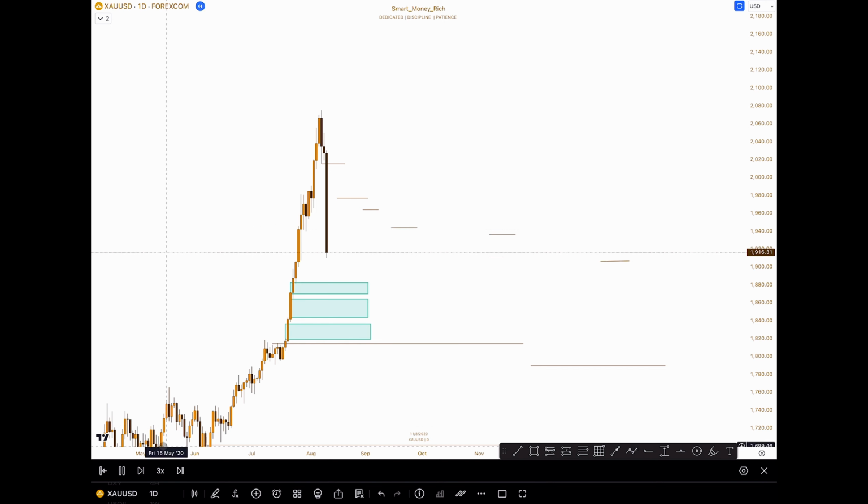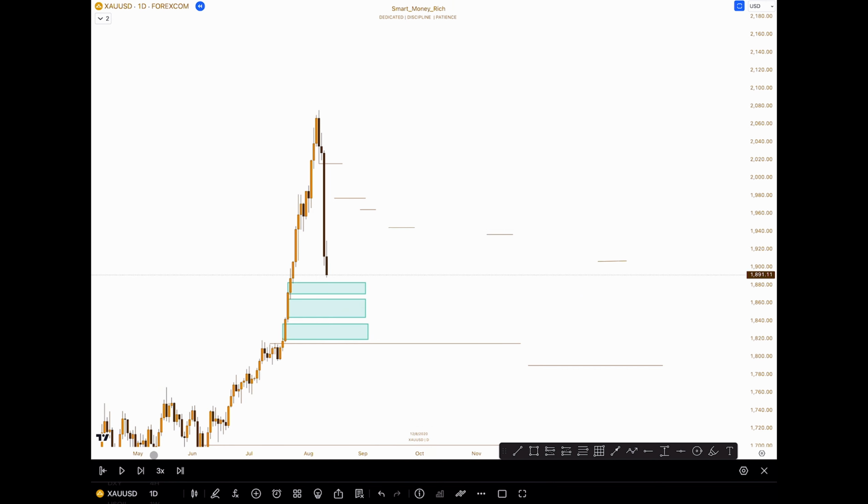It fills up the imbalance. So you guys can see what has happened here, right? The market impulsed to the downside, filling up what? Filling up all these open imbalances that were here. While the market was impulsing to the downside to fill up all of these imbalances, it also left imbalances above.